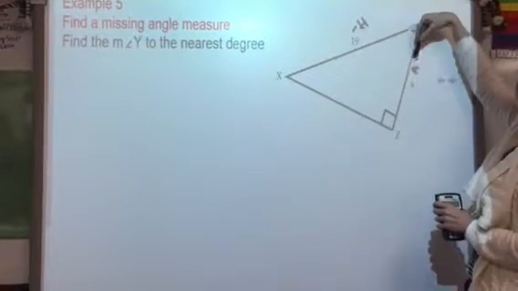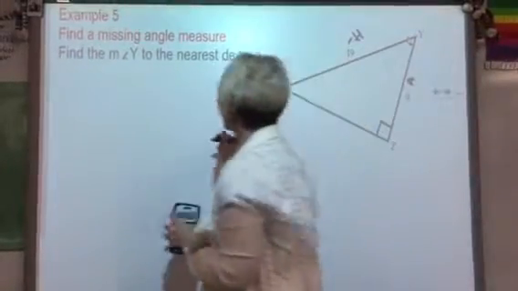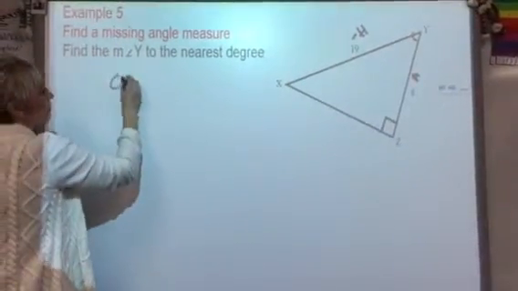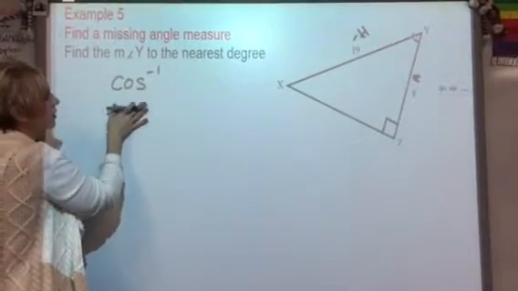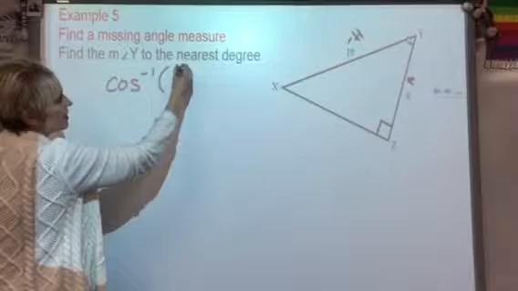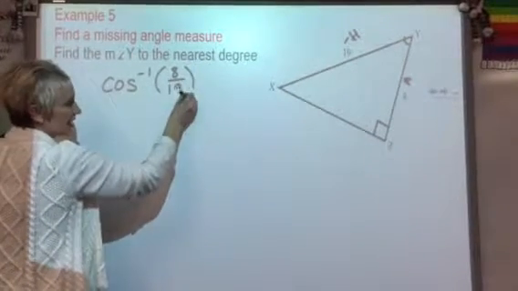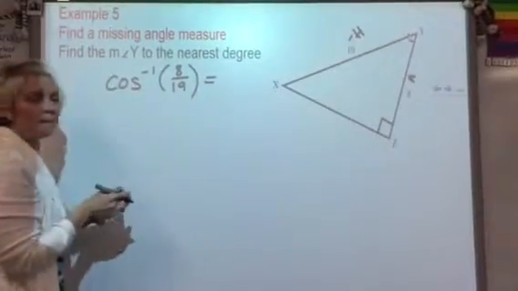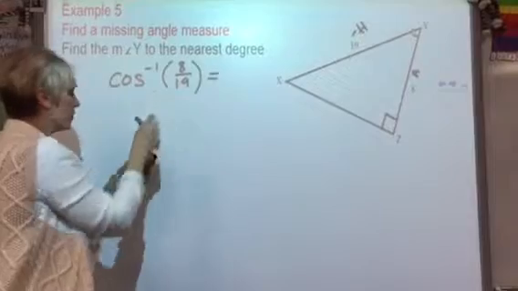So which ratio gives us adjacent over hypotenuse? That would be cosine. So if I do the cosine inverse of adjacent, which is 8, over hypotenuse, which is 19, I will get the measure of that angle Y that corresponds to this ratio.